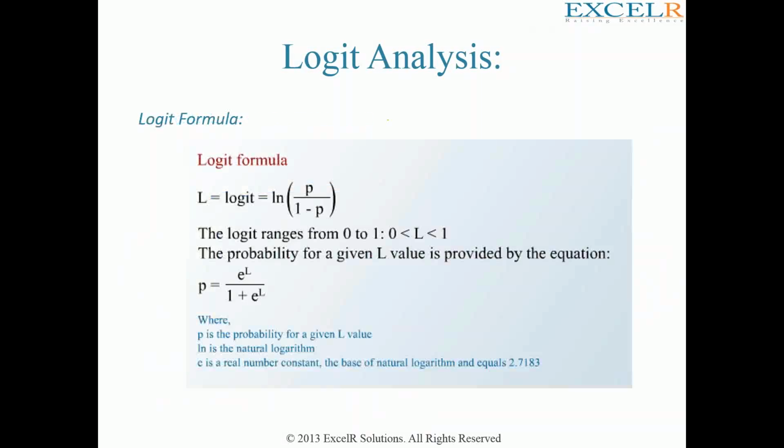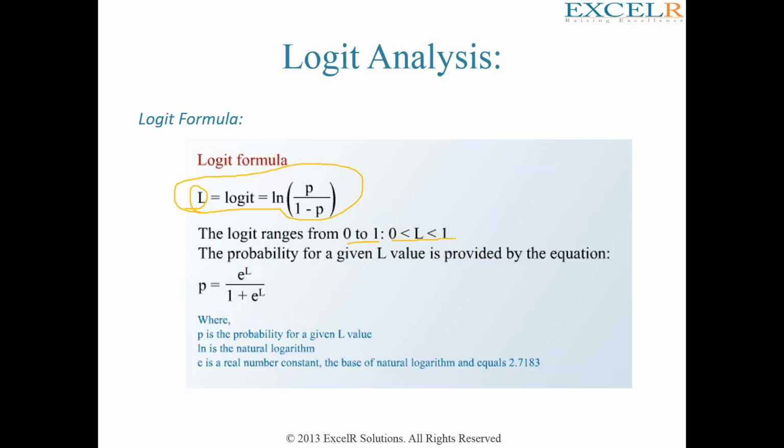Then you have the Logit formula here. Logit is equal to log of P divided by 1 minus P. And we know for a fact that the logit ranges from 0 until 1, and hence your L value would lie between 0 and 1.